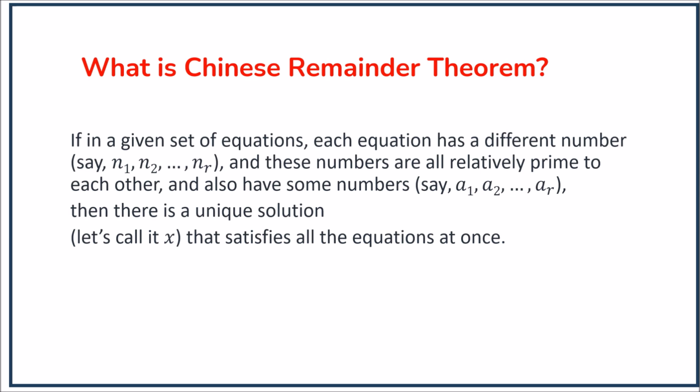If in a set of equations, each equation has a different number, say n1, n2 up to nr, and these numbers are all relatively prime to each other and also have some remainders, say a1, a2 up to ar, then there is a unique solution of all these equations, that is, if we call it x, that satisfies all the equations at once.